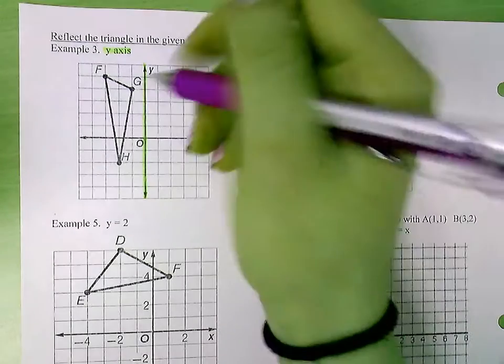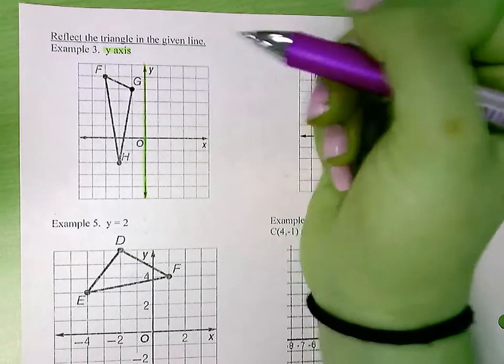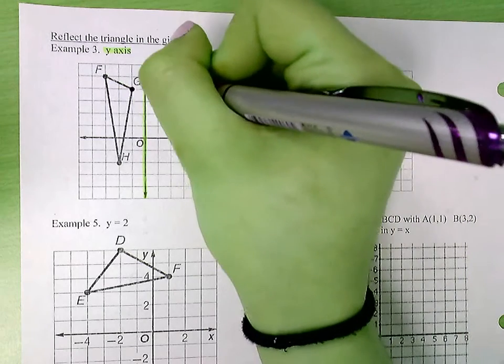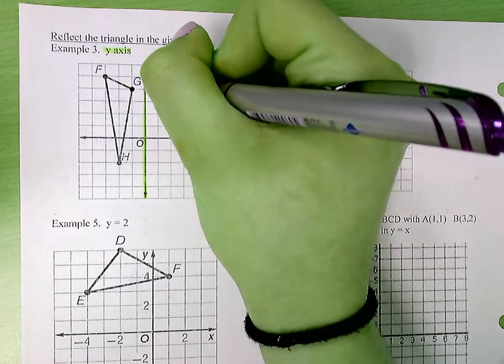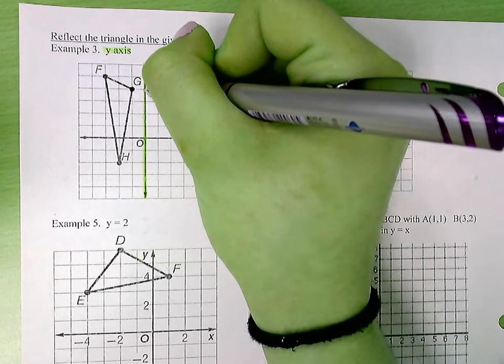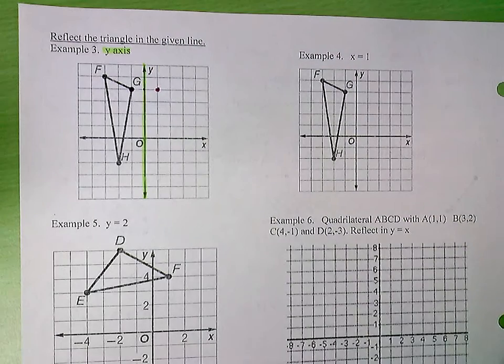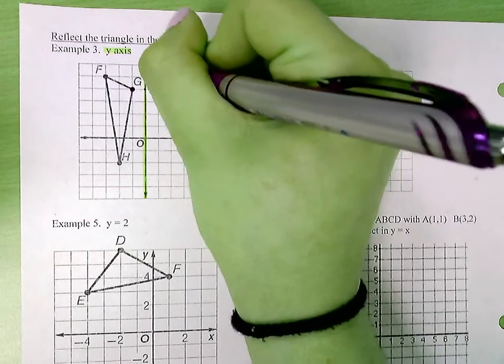On the coordinate grid, you don't need to use your ruler. If I have point G, it has to be that same distance from that line of reflection. Point G is 1 unit away from the line of reflection, so I'm going to count 1 more unit away, and that will be G prime.